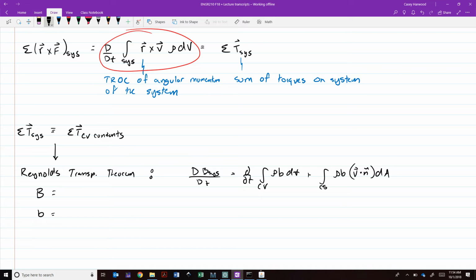So our big B would be R cross V, and little b then is simply, big B is going to be R cross V times, in this case, times mass. And then little b is going to be simply R cross V, that is big B per unit mass.